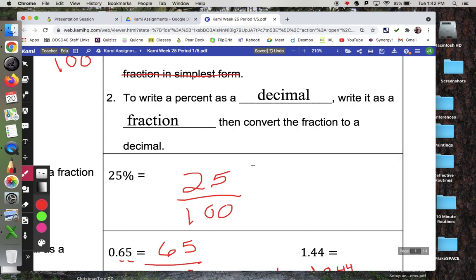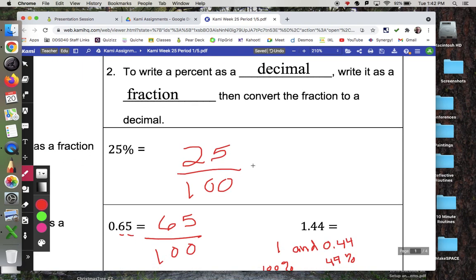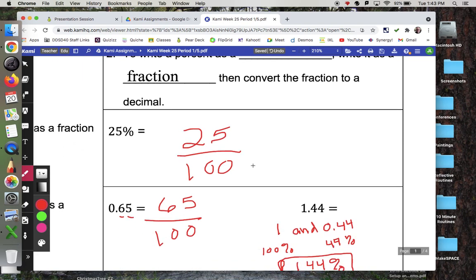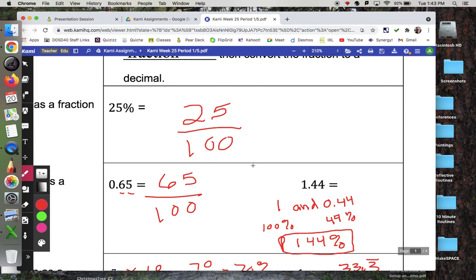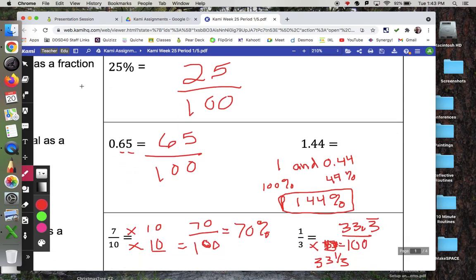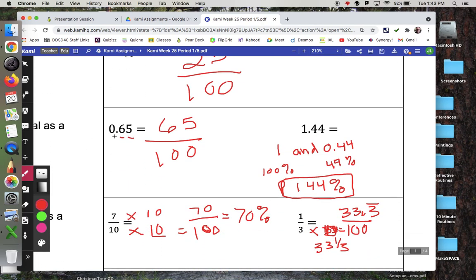To write a percent as a decimal, we go the other direction. Then you write the fraction and then convert it to the decimal. So we can go from fractions to decimals, decimals to percents, percents to decimals. They're all three the same value in a different form. So 25% is 25 over 100, 0.65 or 65 hundredths, then would equal 65%.